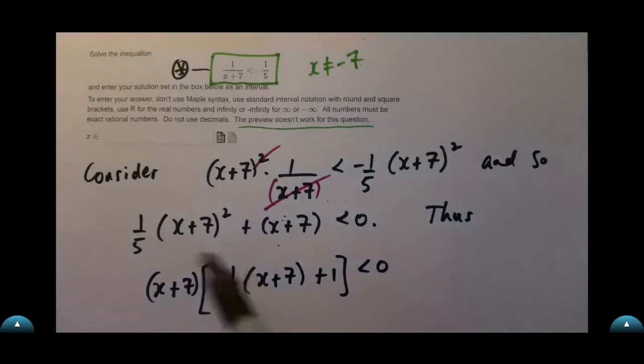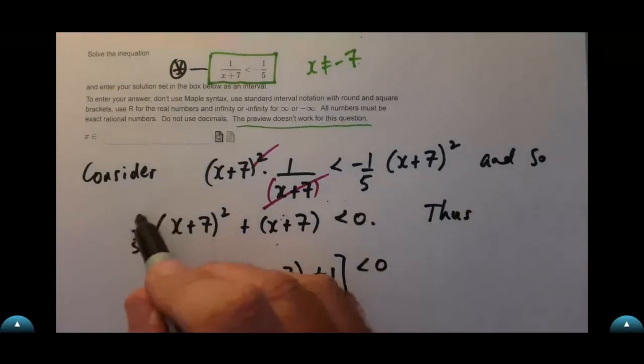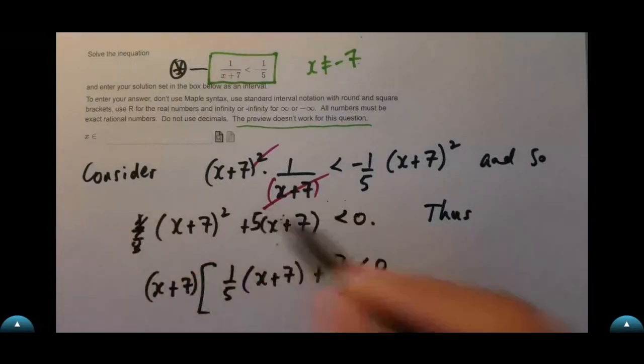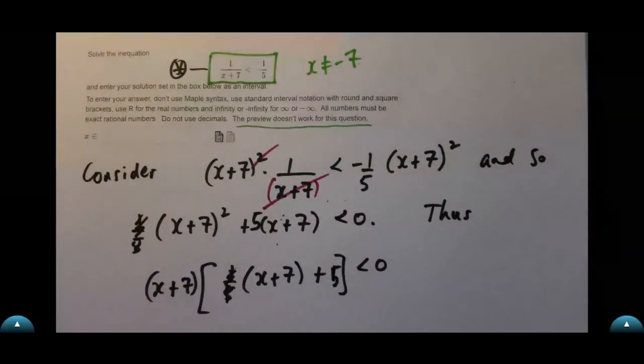In fact, what I might do, I might just multiply by the 5 there. Okay, so instead of having it down there, I'll move it up there. And so what that means is you actually get a nicer bracket. Okay, you can do it your own way though. It's up to you.